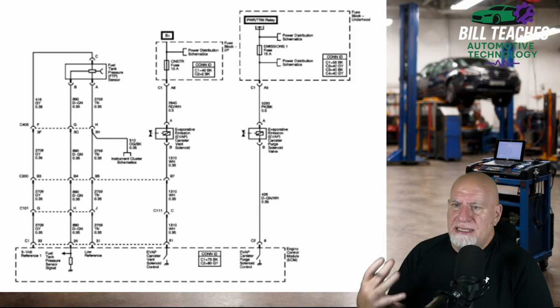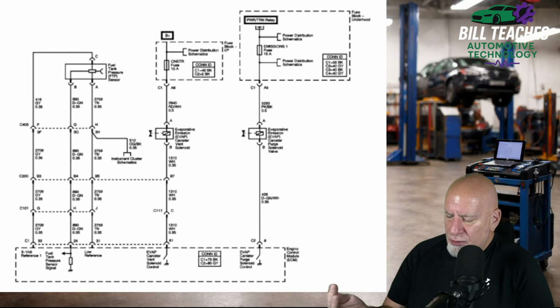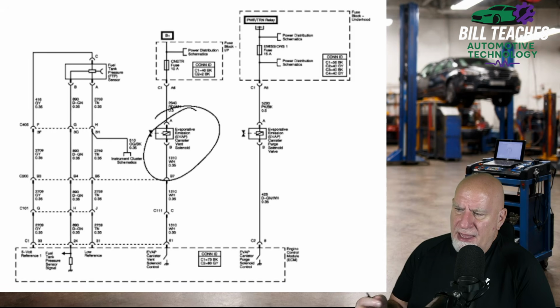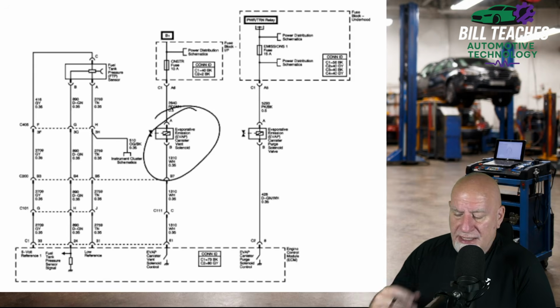So how the PCM tests the EVAP system to make sure it's working is it's going to close the vent solenoid, okay? And you can see this is just a 2-wire solenoid, so it's either turned on or turned off. So it's going to turn on the vent solenoid to close it. So that's going to be sealed, okay?